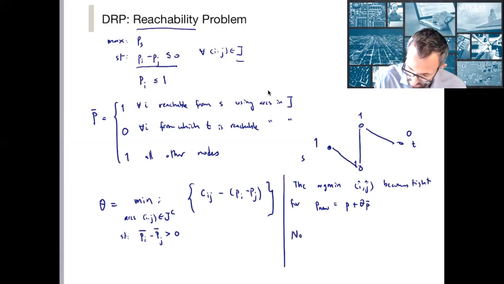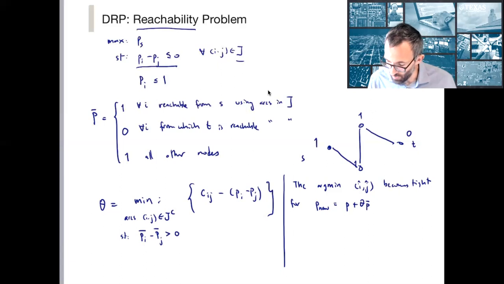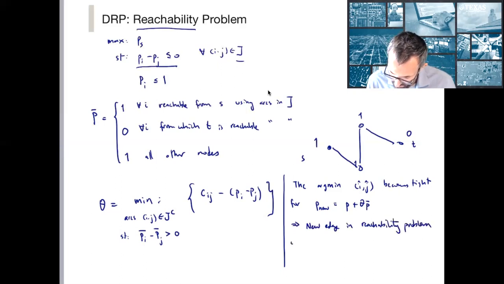So let me take this a little bit slower. We have the argument I hat j hat becomes tight. So we have a new edge in the reachability problem, which is the solution to the dual restricted primal.